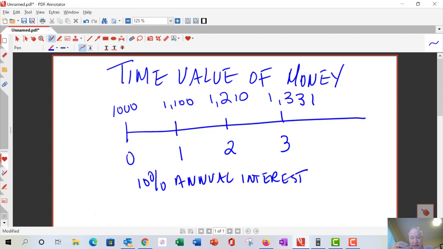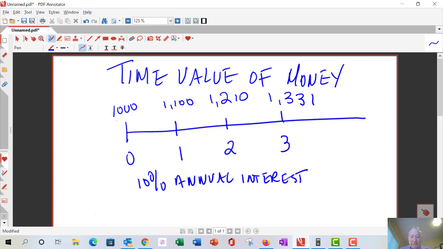So again, with simple interest, if you took that money out at the end of each year and spent it, well, you'd only have the $1,000 sitting there every year. You'd only get that $100 every year. In finance, we're typically always looking at compound interest, but you should know the difference between simple versus compound. But unless it clearly says something different, always assume we're getting compounded interest on our investment.